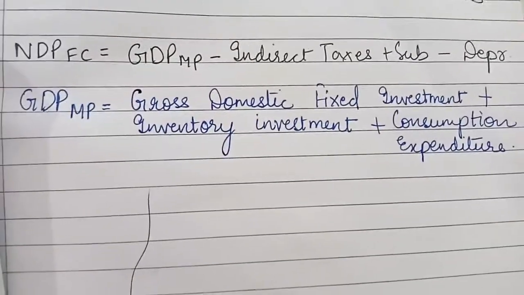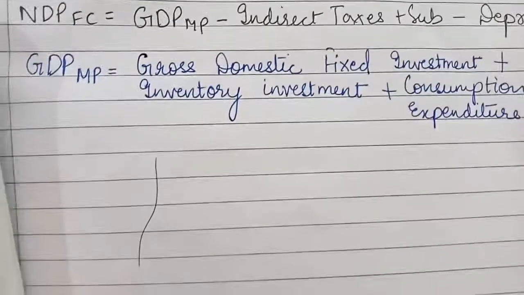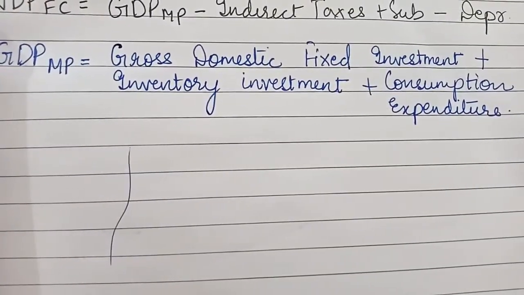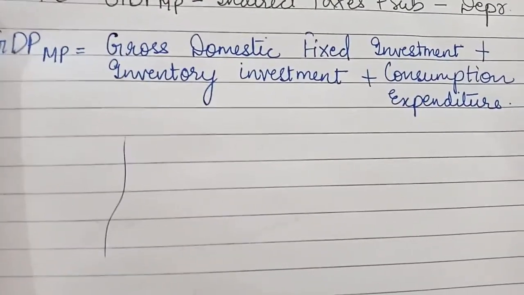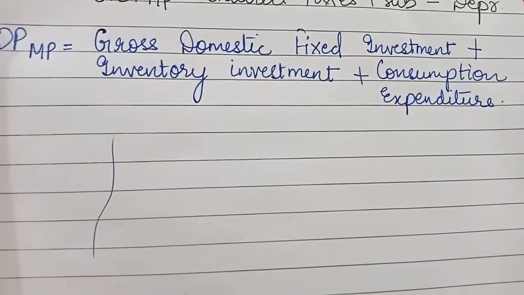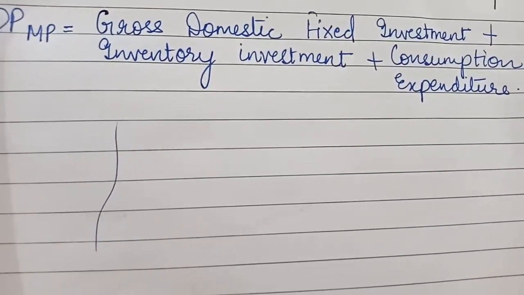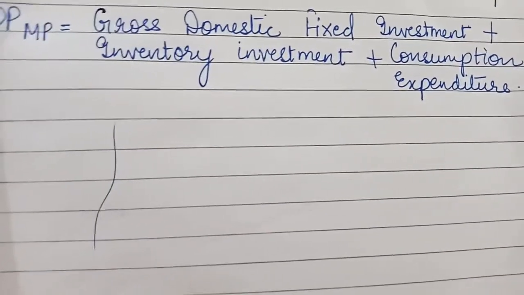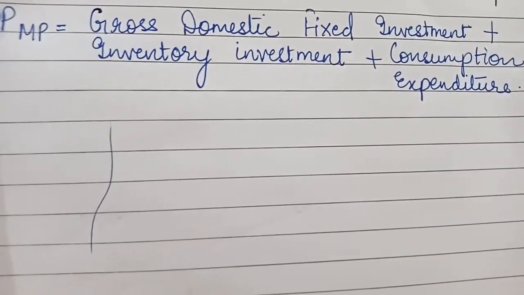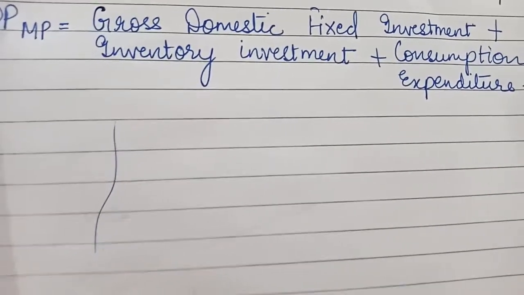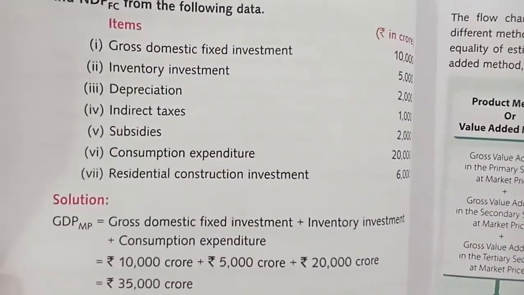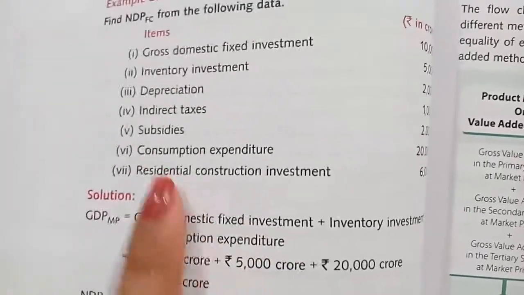Now the formula to calculate GDP-MP is gross domestic fixed investment as given in the question plus the inventory investment and the consumption expenditure. Now over here we need two types of consumption expenditure, isn't it? Private final consumption expenditure and government final consumption expenditure. Over here it is not given differently, it is just given as consumption expenditure.